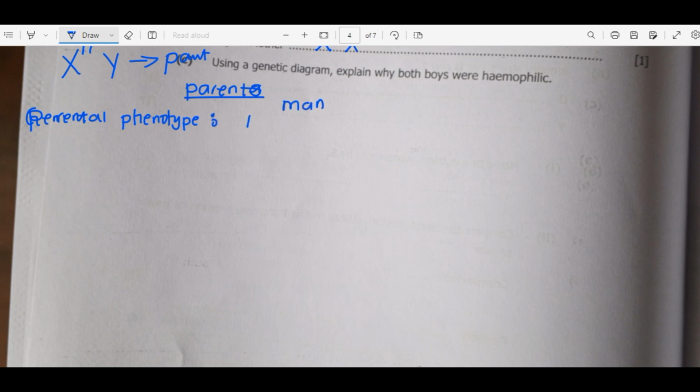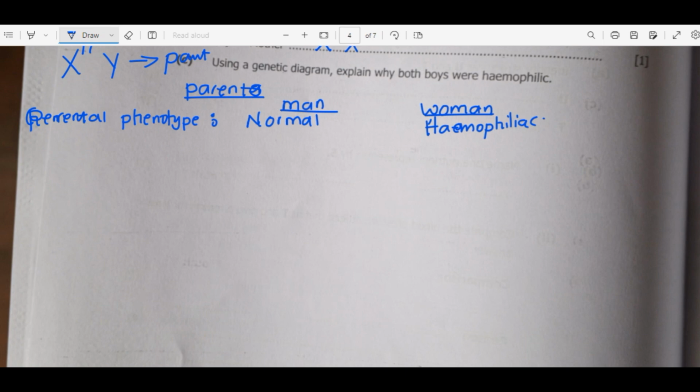So the man was normal. Then the woman was hemophiliac. For phenotype, we just have to look at the condition. So the woman is hemophiliac, the man is normal. If we want, we can just say non-hemophiliac.